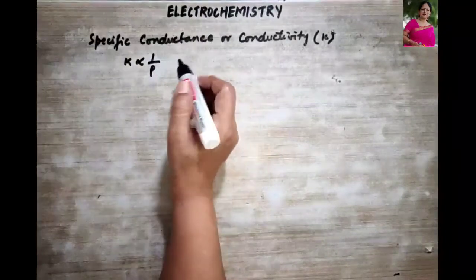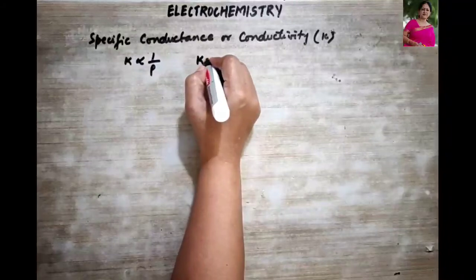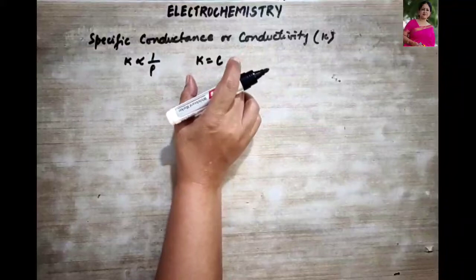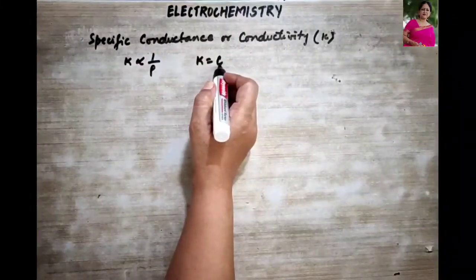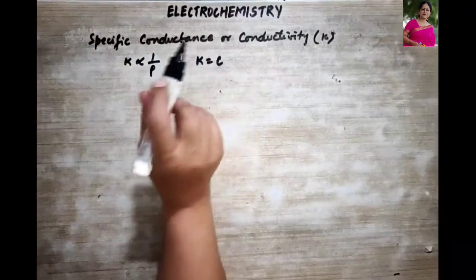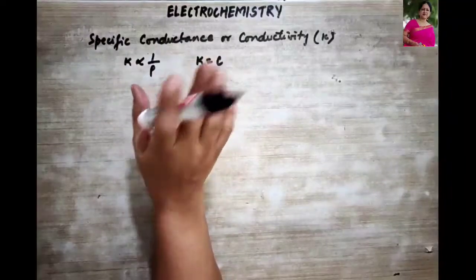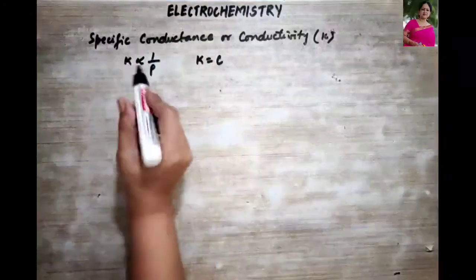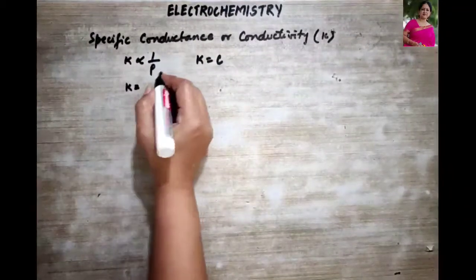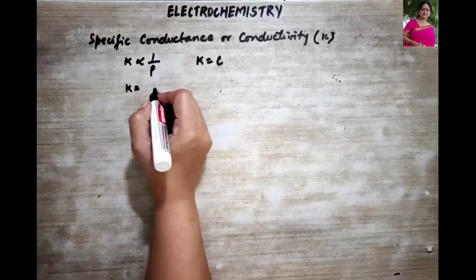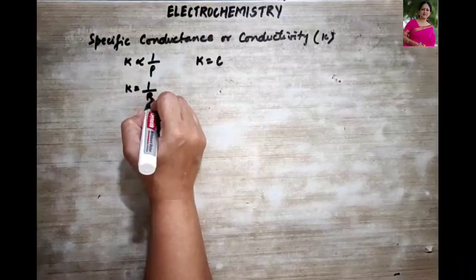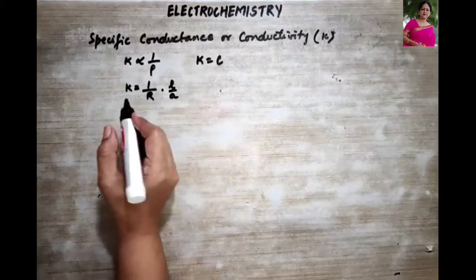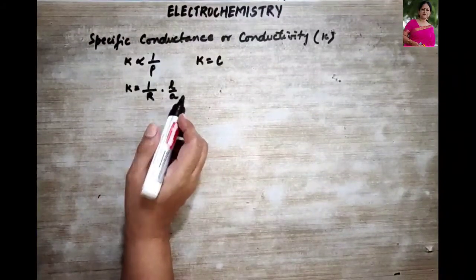So kappa, which is specific conductance, is equal to the conductance of 1 centimeter cube of solution of an electrolyte. So kappa will be equal to 1 upon rho, which we can write as 1 upon R into L upon A.